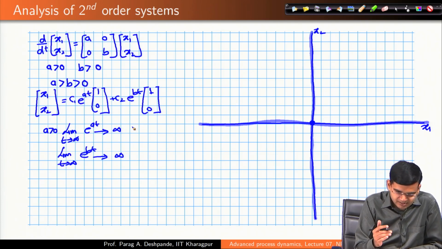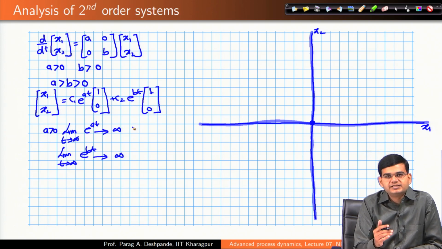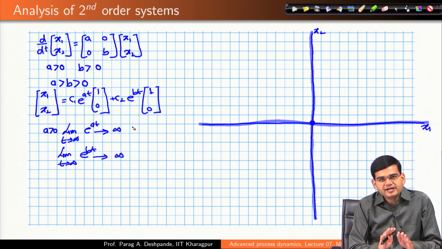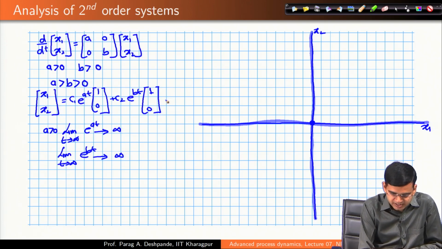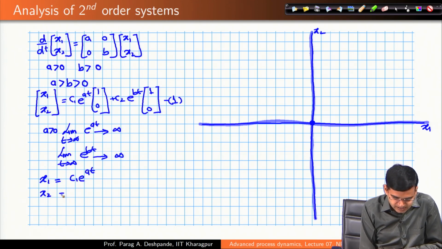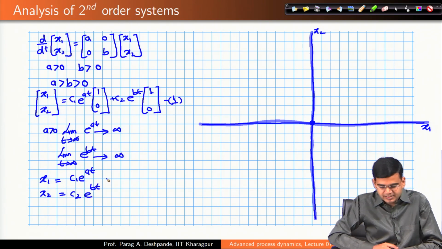This particular system of equations is such that you can write the solutions of x1 and x2 in explicit form. So, if you solve for x1 and x2 using equation 1, you will get that x1 is c1 times e to the power at and x2 is c2 times e to the power bt.